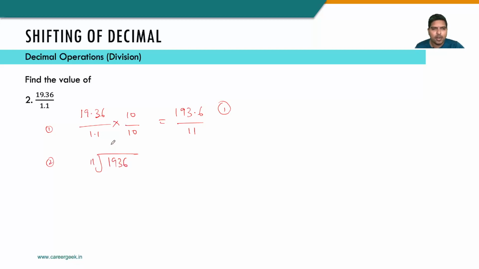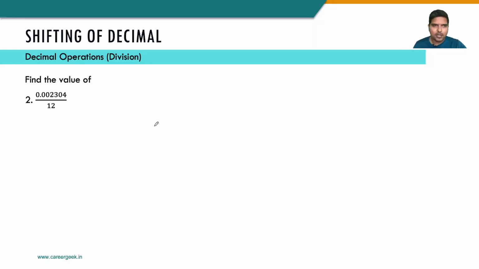So if you divide 11 once, 83 is there, 11 7, 77, then we have 6 here, 66, so 11 6, 66, completely divisible. So step number 2, we get the answer as 176. To this you introduce one decimal to the left, so that is going to be our answer.